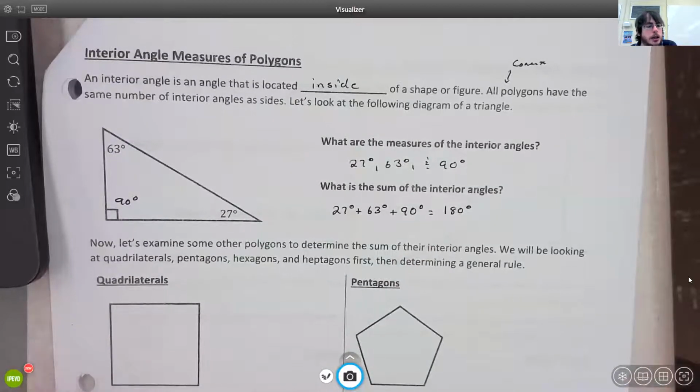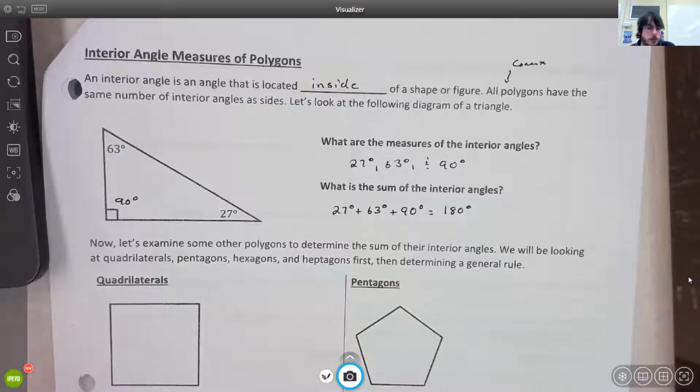And of course, when we talked about triangles, we talked about triangles having interior angle sums of 180 degrees every single time. That was one property of triangles when we learned about them, right? They always added to 180 degrees for the sum.